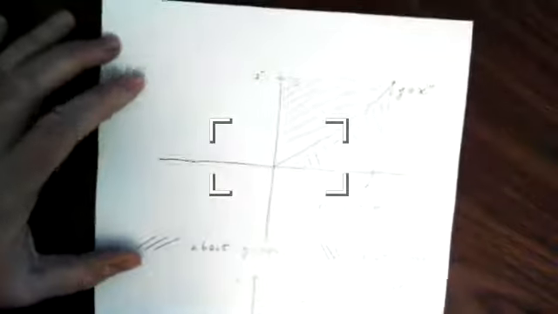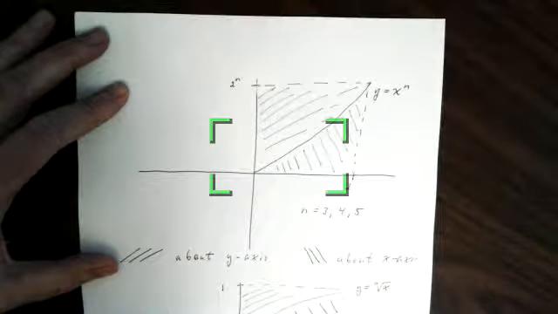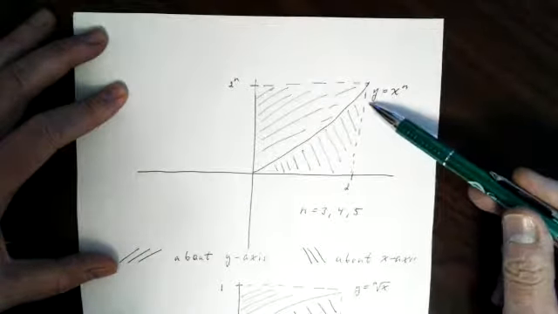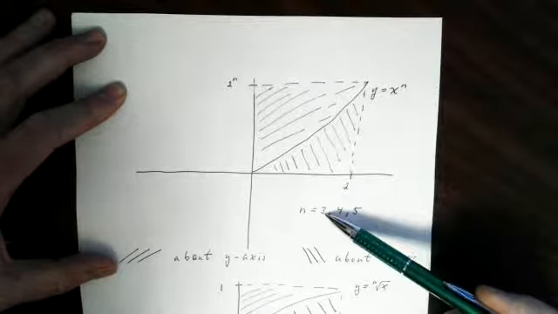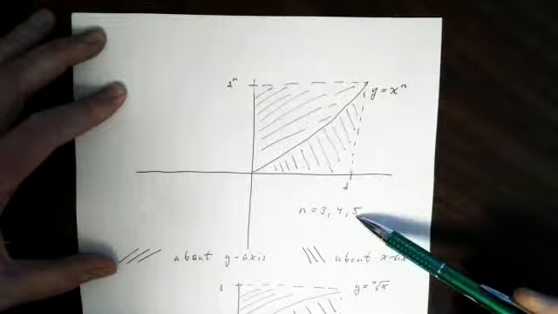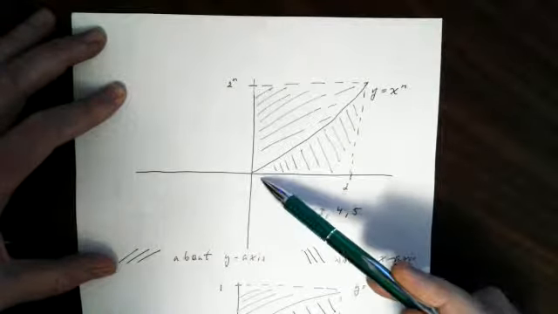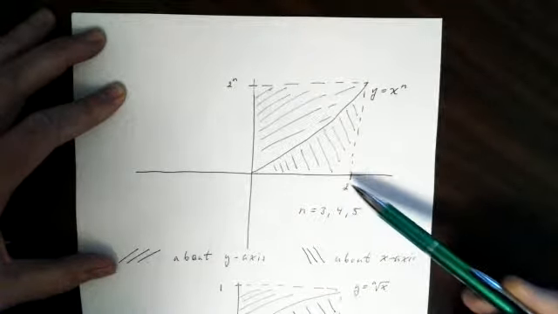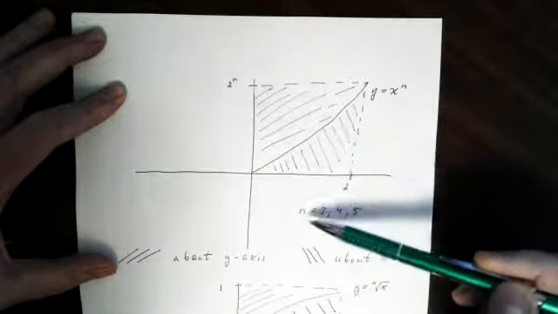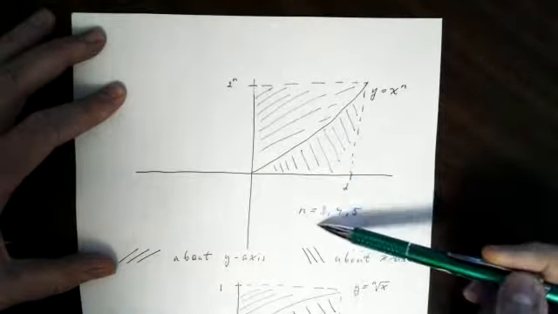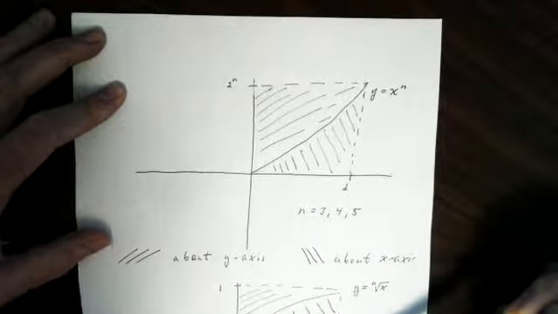Now, here's some problems for you to think about. Take a power function, y equals x to the n. Try it for n equals 3, n equals 4, n equals 5, and rotate the region bounded by the x-axis, x equals 2, and the curve around the x-axis and determine the corresponding volume.